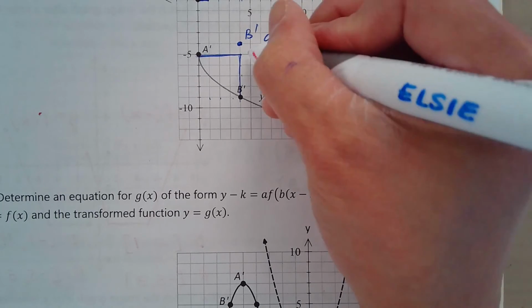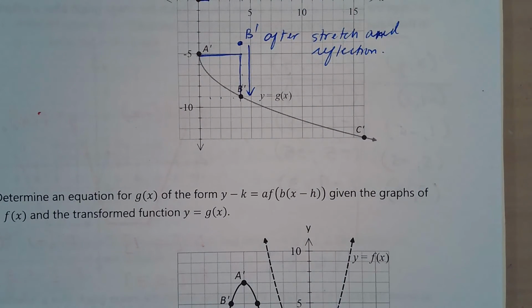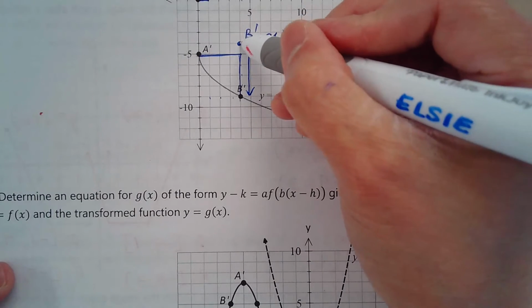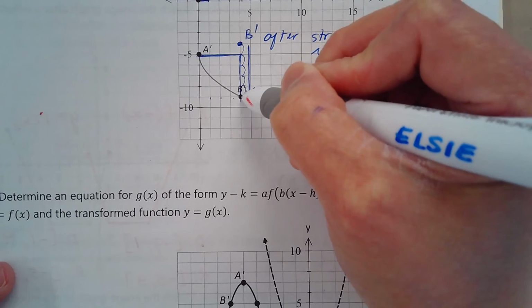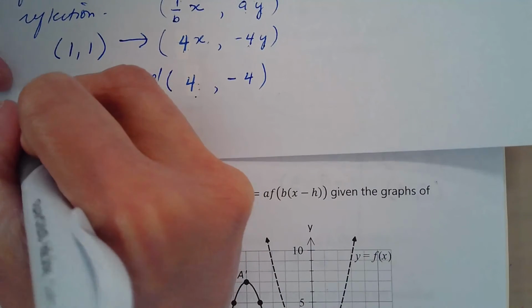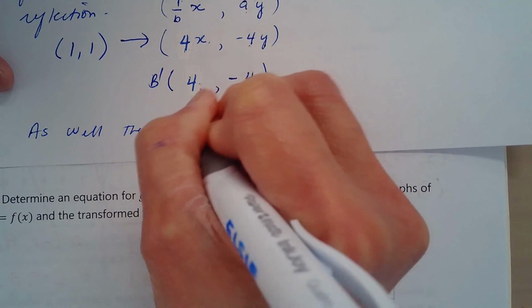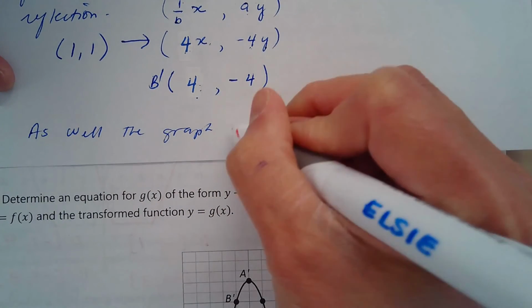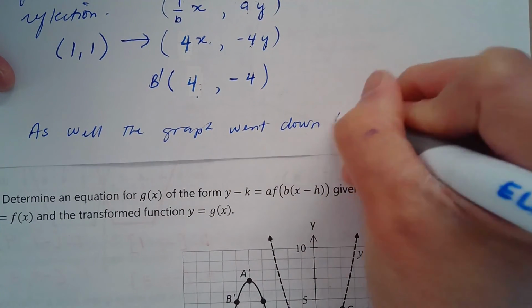So that means it went down further by, how many units is this? 1, 2, 3, 4, 5. 5. So it went down 5. So as well, the graph went down 5 units.